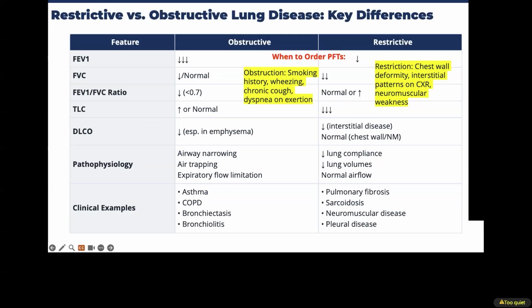The total lung capacity is your clue here. It's markedly decreased. The diffusing lung capacity will help determine the cause. If it suggests an interstitial process like fibrosis, it'll be low. If you have a normal diffusing lung capacity, that suggests an extrapulmonary cause, like chest wall or neuromuscular. What else might you see there?